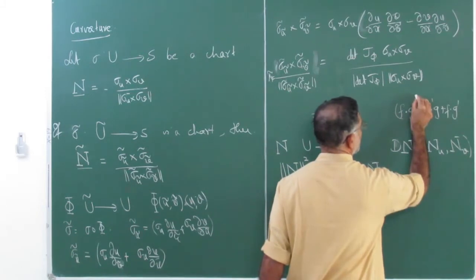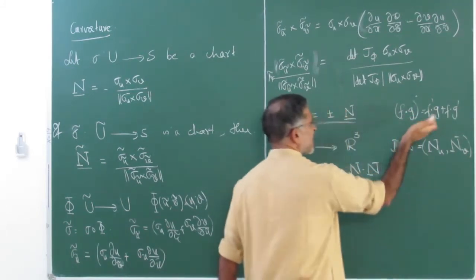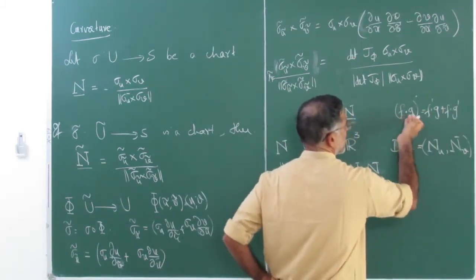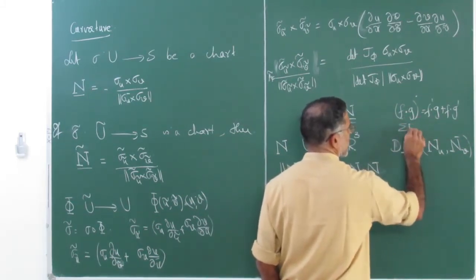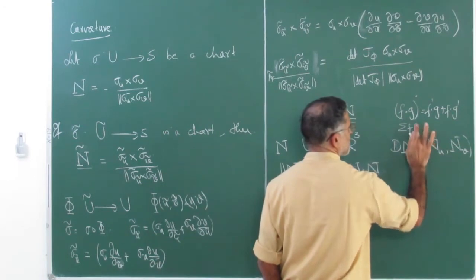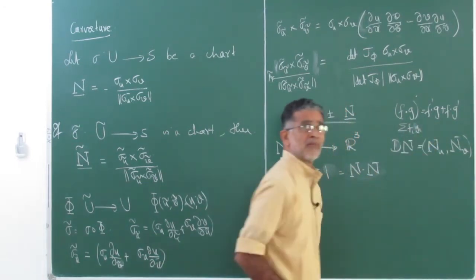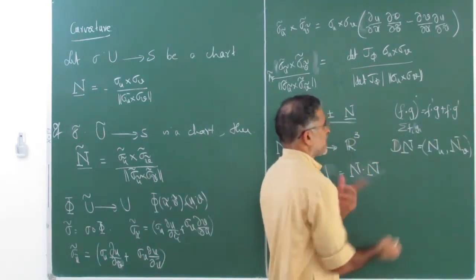This is a simple formula because you write it in any variable, it doesn't matter. Suppose these are vector valued functions, f dot g is the sum of fi gi, i equal to 1 to n.